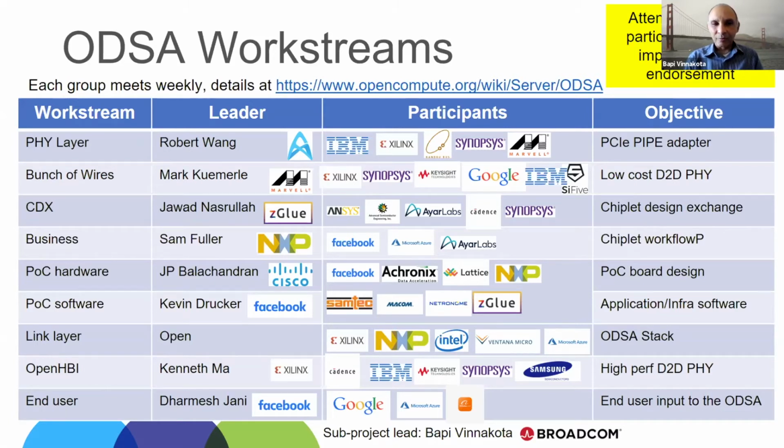This group will be a closed group of just end users, hyperscalers. They're going to funnel their requirements into the ODSA, saying, this is the kind of functionality we're interested in, these are the bandwidths, packaging technologies, and use cases, and hopefully that information filters through to the rest of the activities in the ODSA.